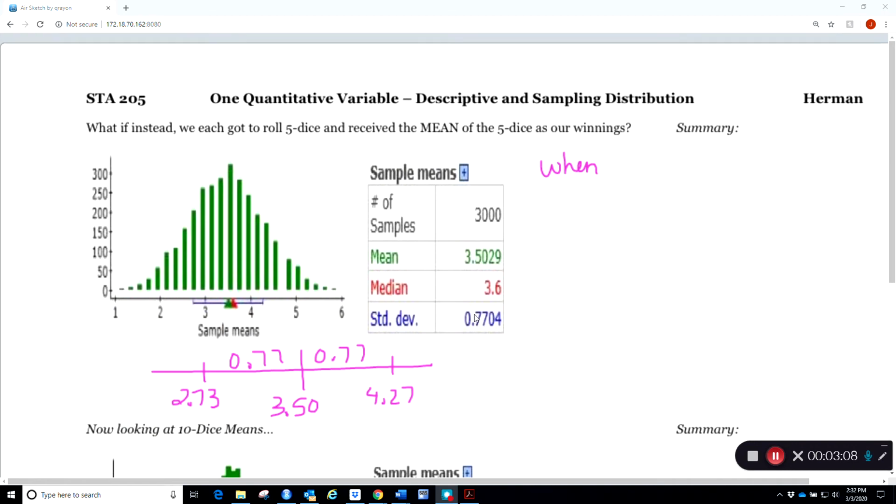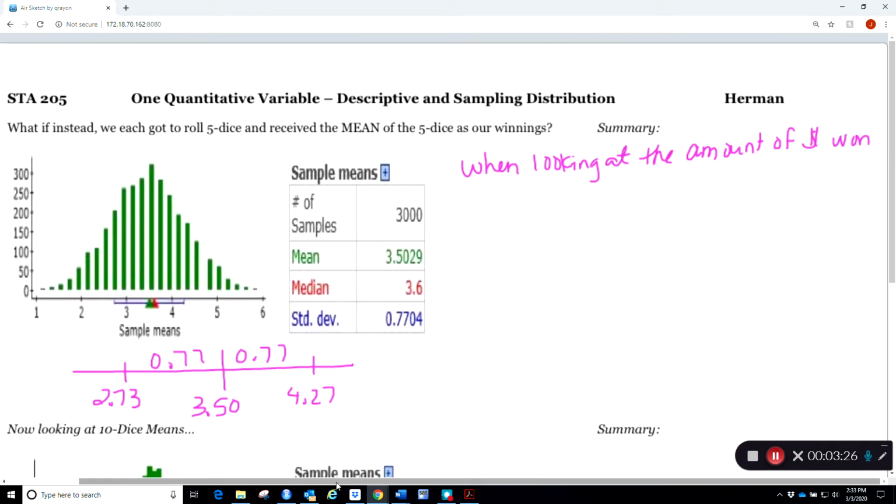So now when looking at the amount of money won by our 3,000 people, this time we described the data as being unimodal and pretty symmetric. Still, though, with no outliers.